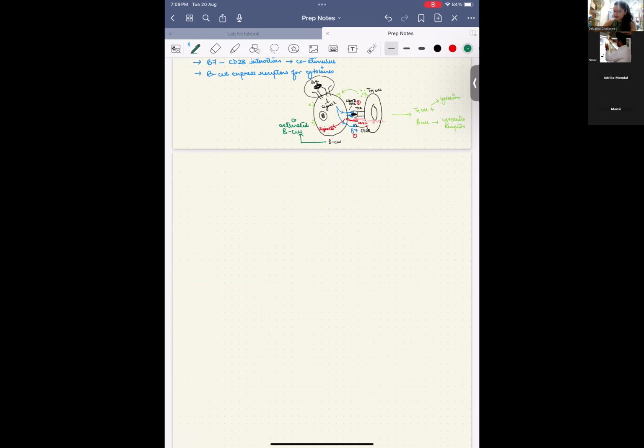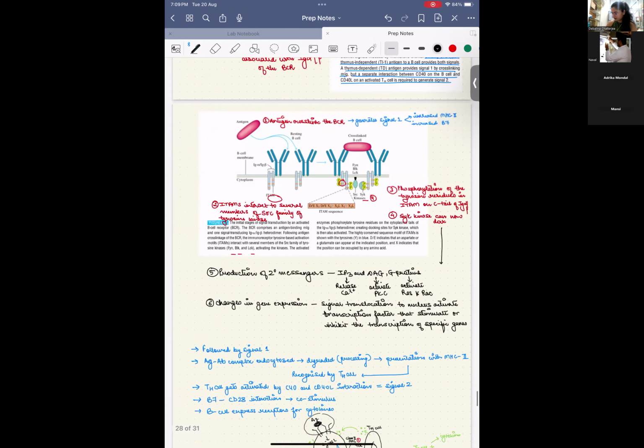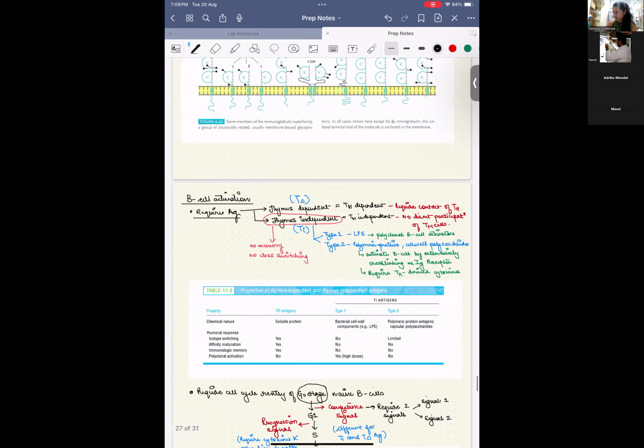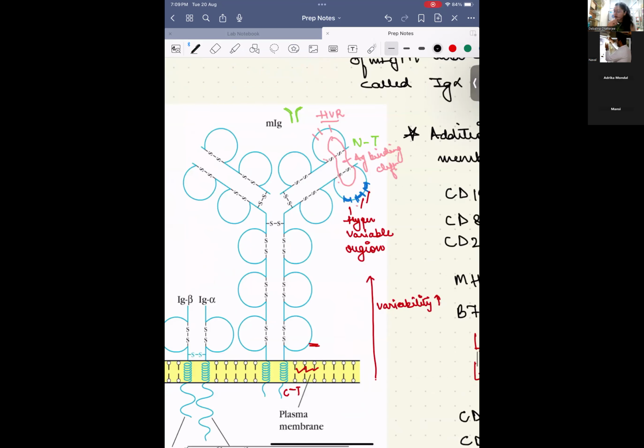So we have briefly discussed the structure of the antibody. We'll just open this as a reference diagram here.